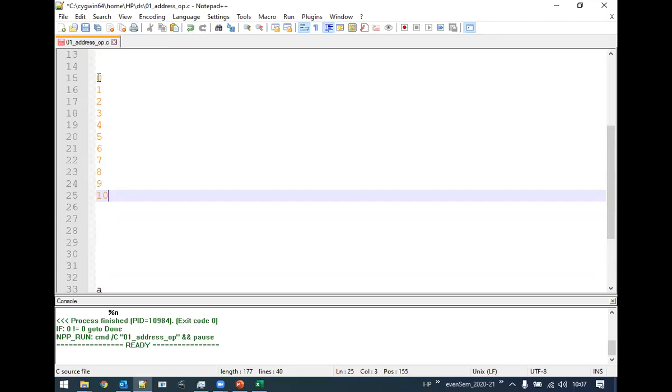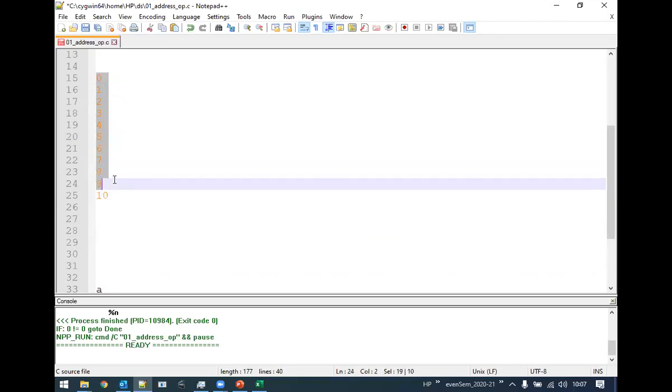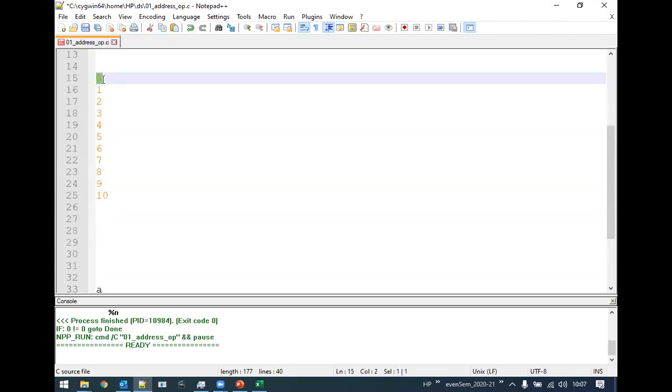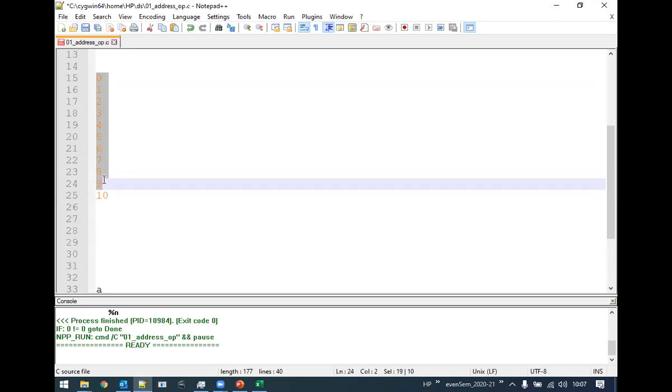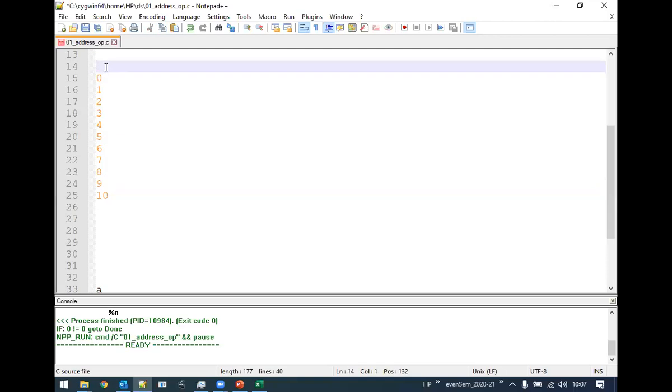The unique digits in a decimal number are 0 to 9. You start from 0, the next value is 1, then 2, and it continues up to 9. Now, these decimal numbers we call a positional number system.